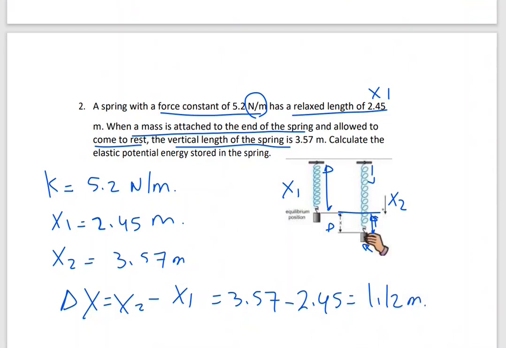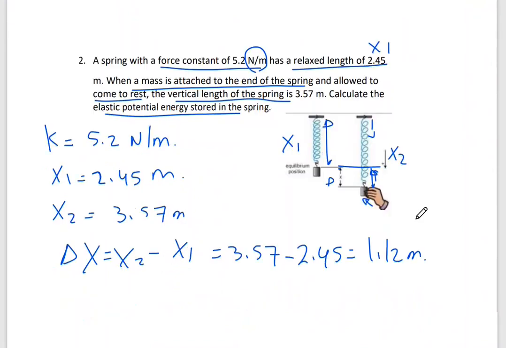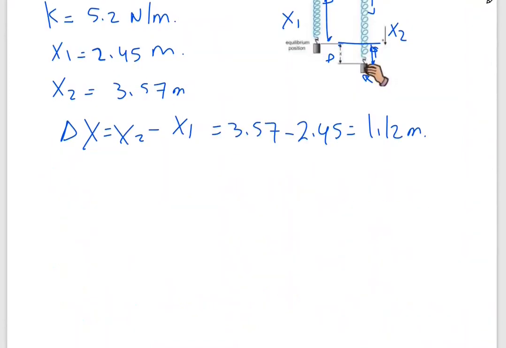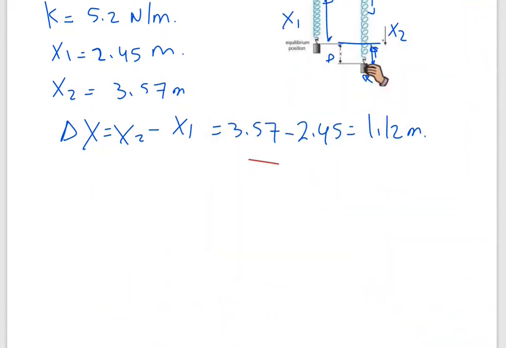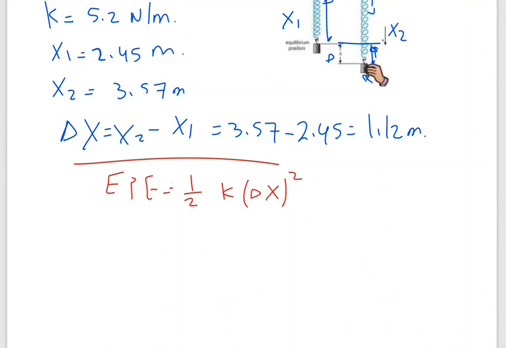Calculate the elastic potential energy stored in the spring. So now just write the formula and substitute these values. Elastic potential energy equals half K delta X squared.